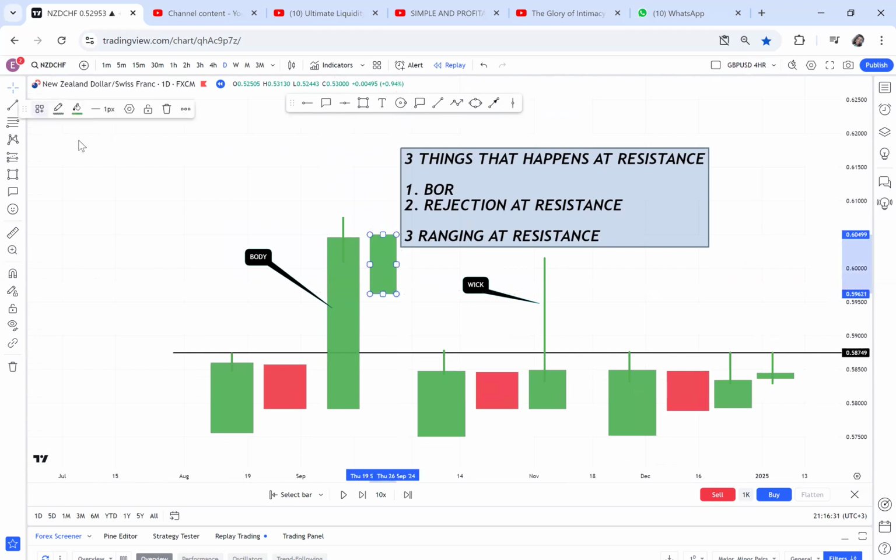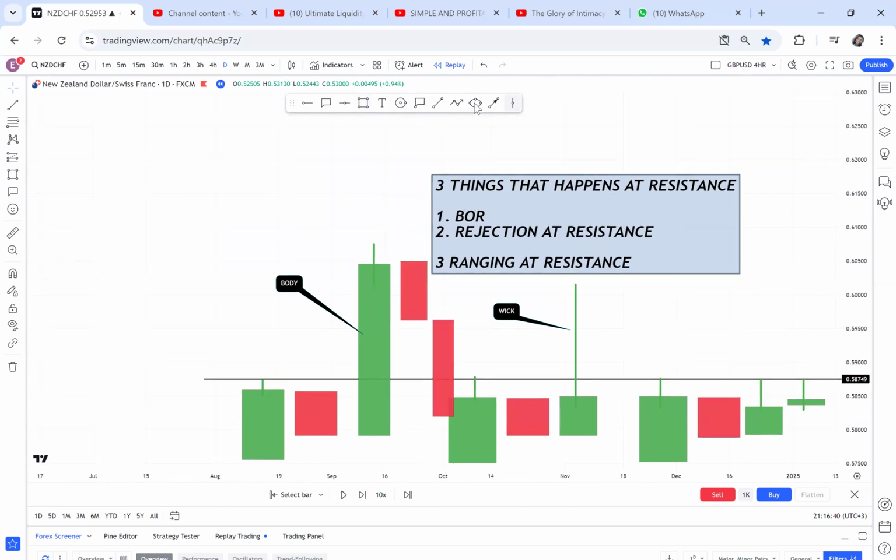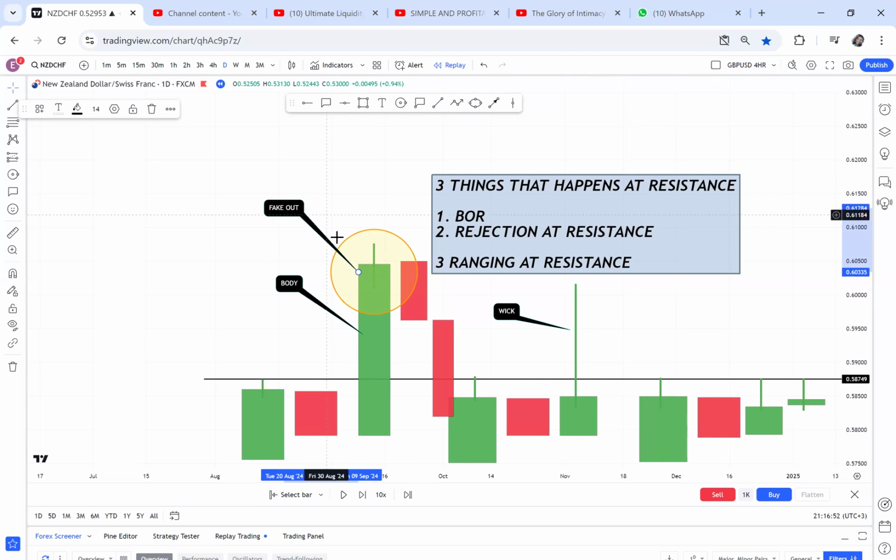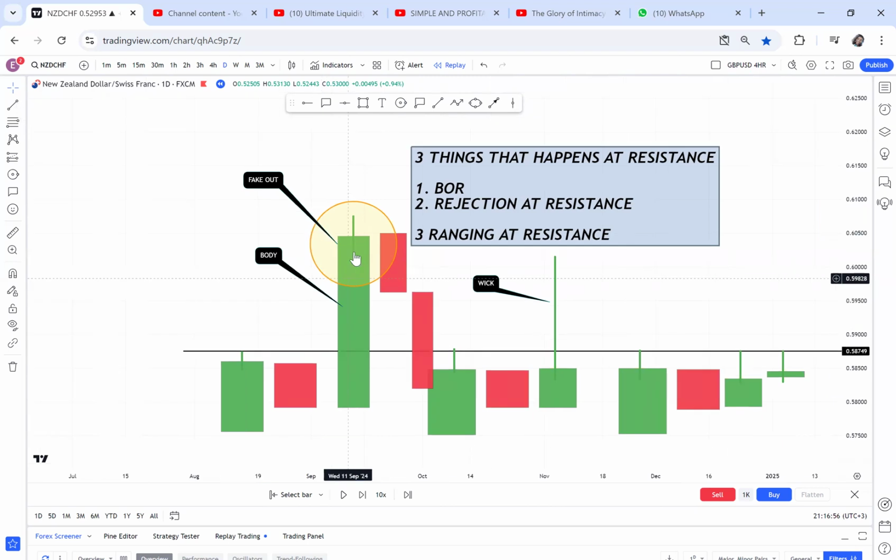So fake out is when the market has broken resistance and this green candle is what we call a fake out, a false break. All the traders thought the market would go up and the market starts to go down.